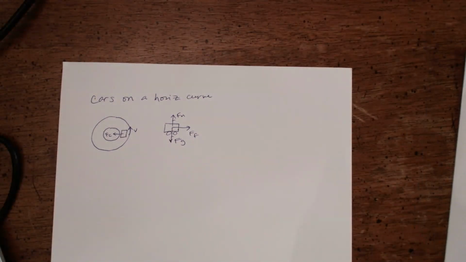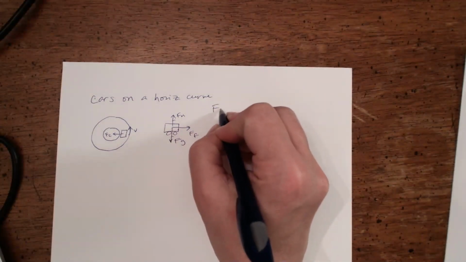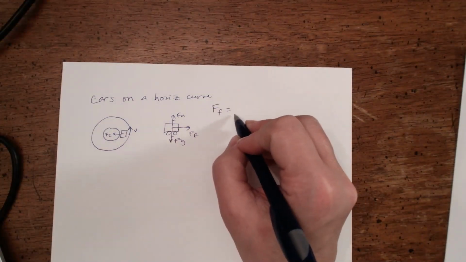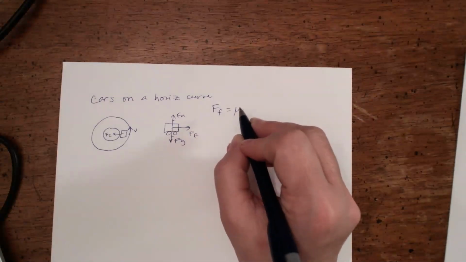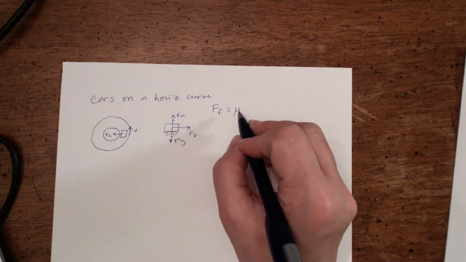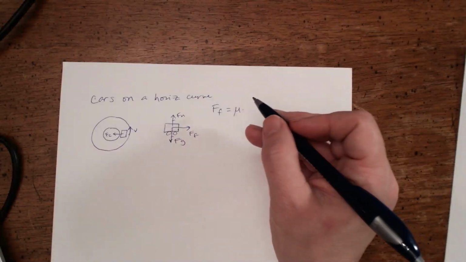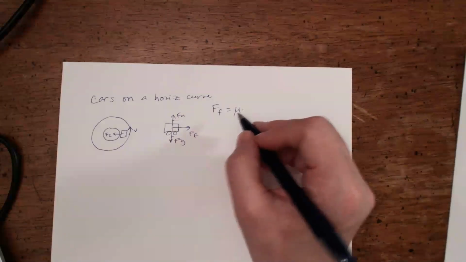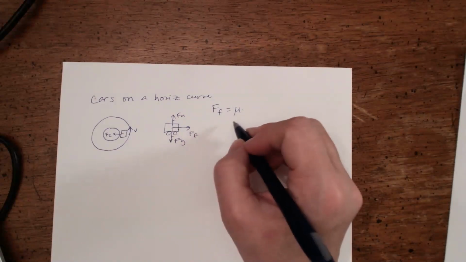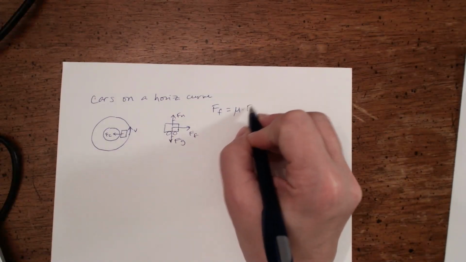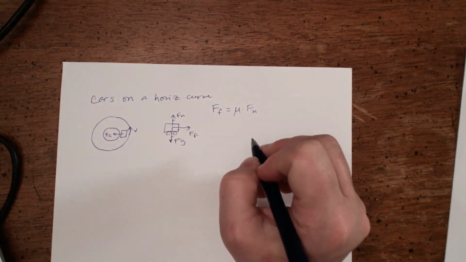So remember that with force of friction, we've got an equation. We've got a coefficient of friction, that's the mu, that unitless number that tells us about the interaction between the object and the surface, the road in this case. And that's multiplied by our normal force.